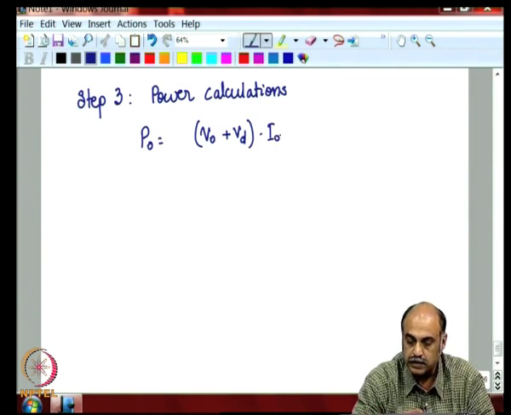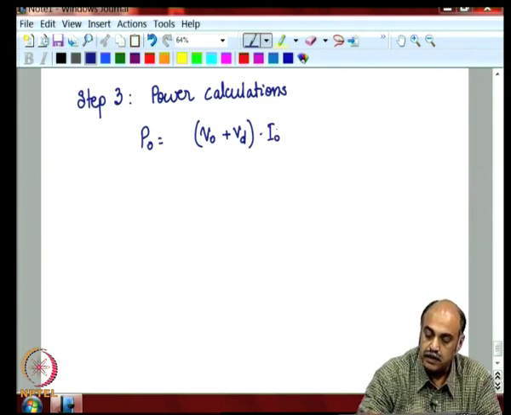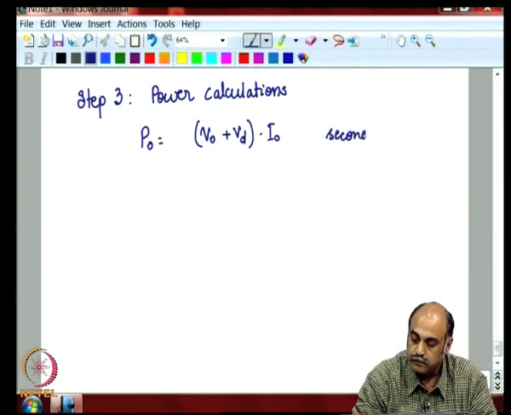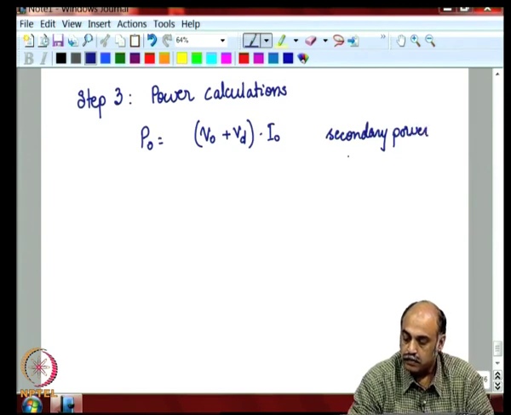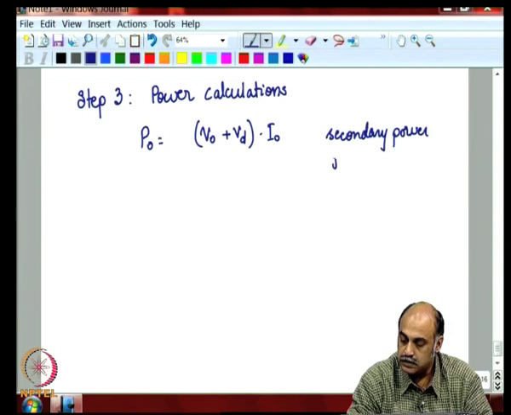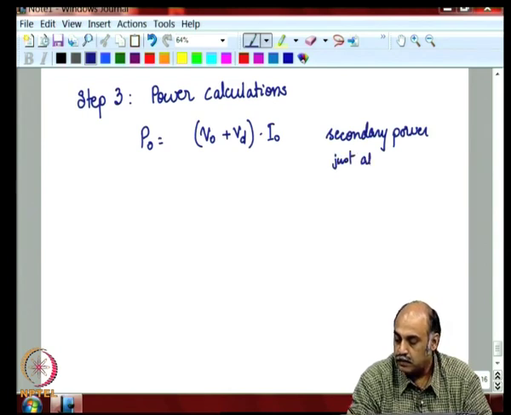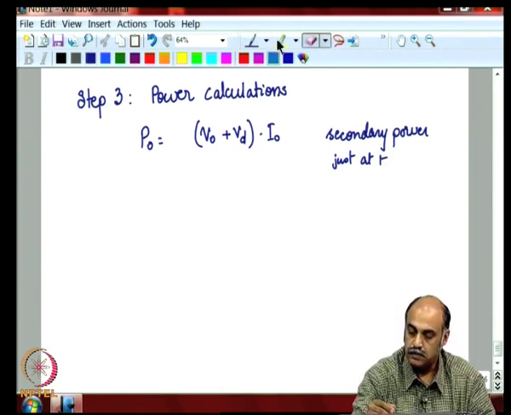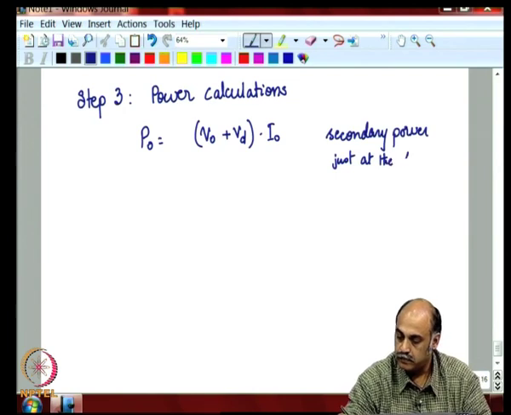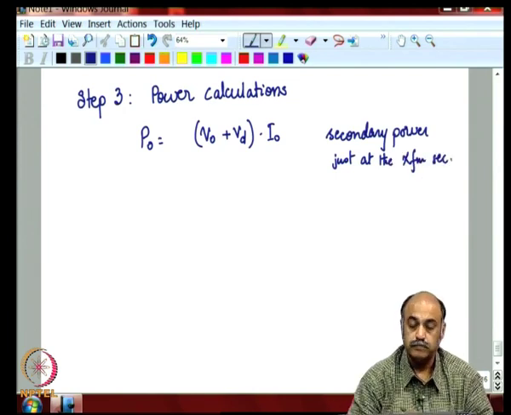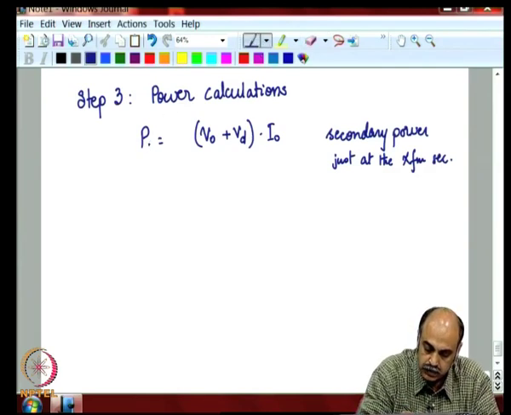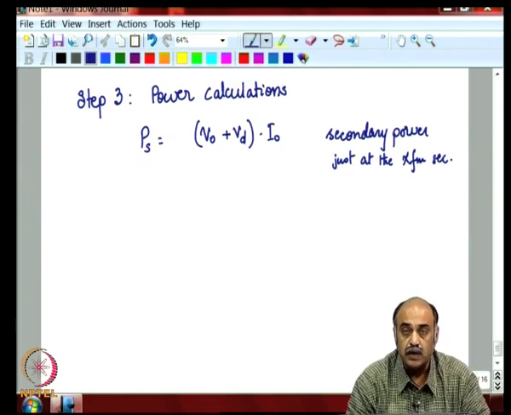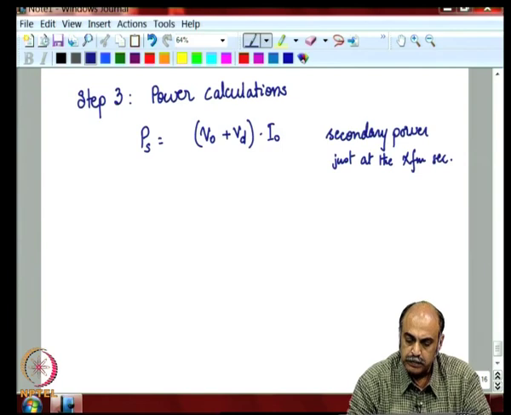Now, this P naught calculation is nothing but actually the secondary power, just at the transformer secondary. In fact, we shall name it as PS rather than P naught, so that one should not confuse it with V naught I naught, which is the actual output power. So, PS the secondary power.